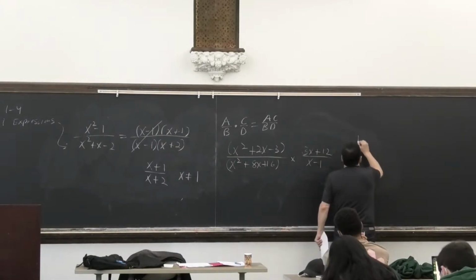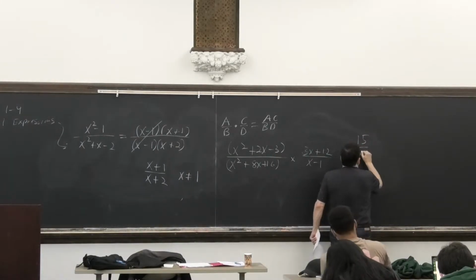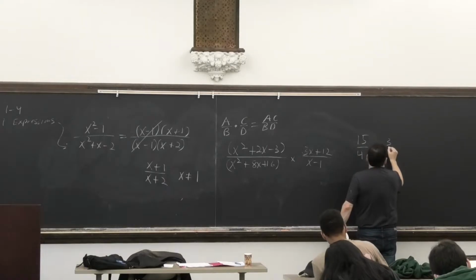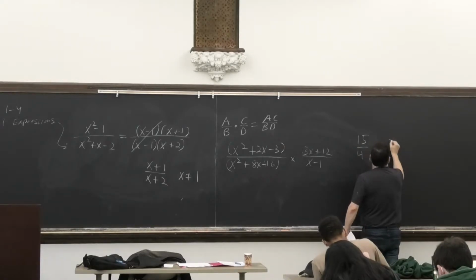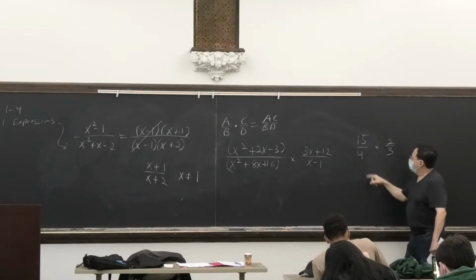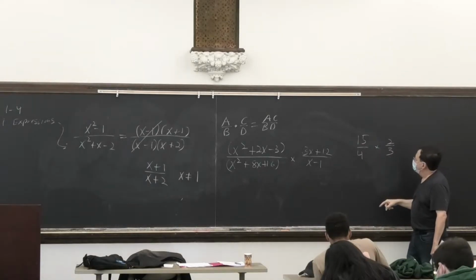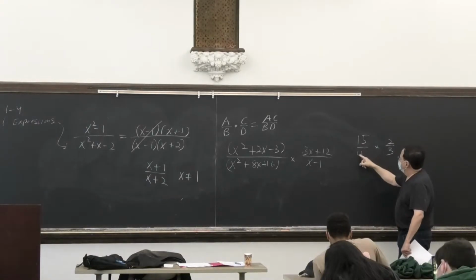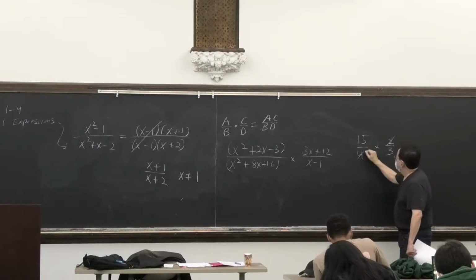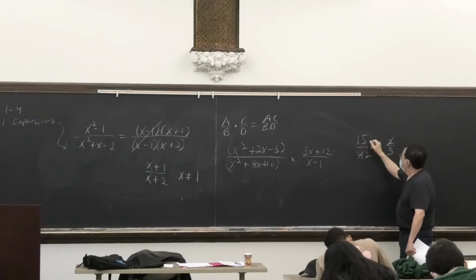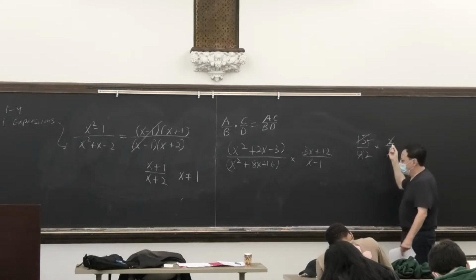Say multiply 15 over 4 by 2 over 3. I might want to factor these, right? 4 is 2 times 2, so this is 2. 15 is 3 times 5, so this becomes 5. It makes it much simpler.